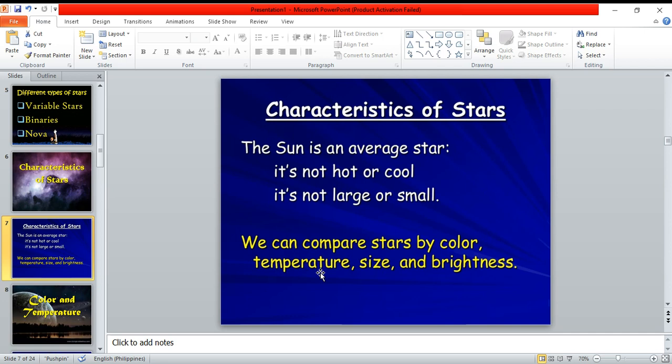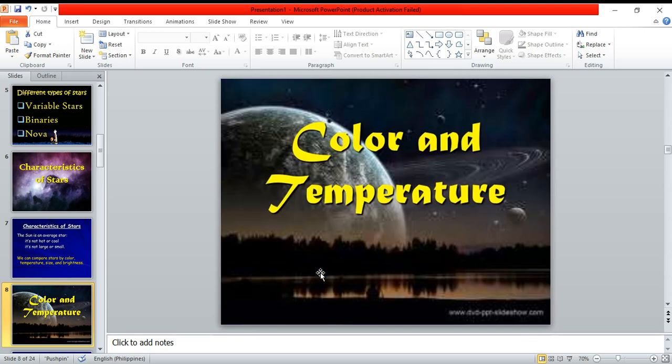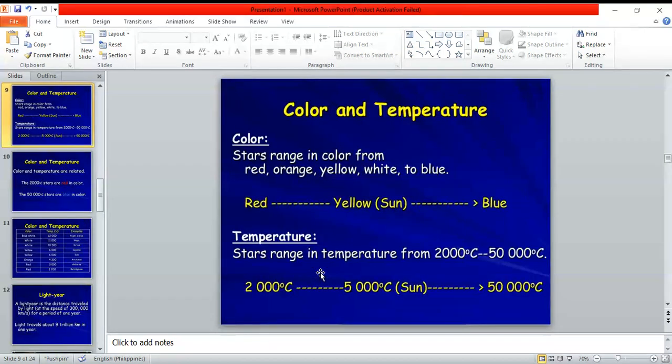We can also compare the stars by their temperature, sizes, colors, and brightness. So let's go first with their color and temperature. Red stars are the coolest, because their temperature is around 2000 degrees Celsius.